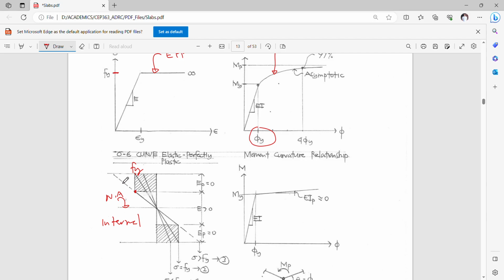Okay, the development of such plastic hinge will start when your theoretical Fy has been exceeded by the stress starting from the extremmost fiber.